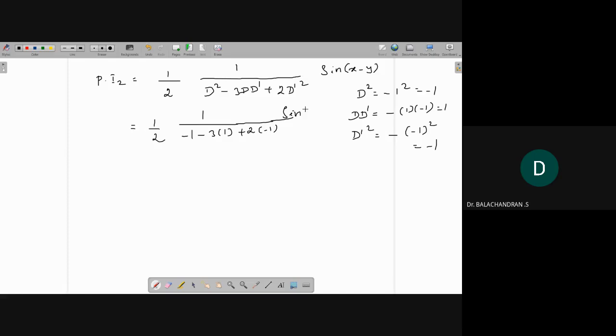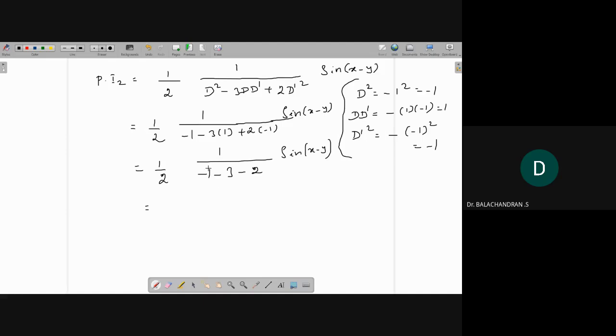into sine of x minus 1. So this is equal to 1 by 2 into 1 by minus 1 minus 3 minus 2 into sine of x minus y. So here you have minus 6.